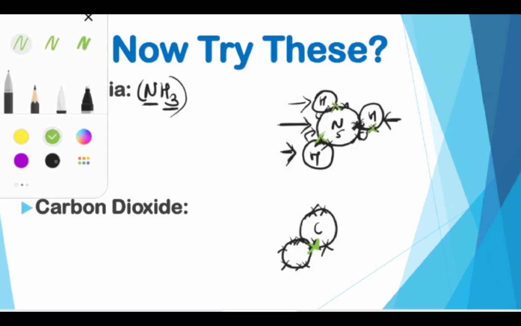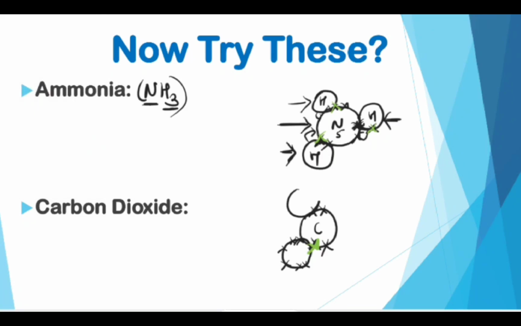The other oxygen has 1, 2, 3, 4, 5, 6, and here it will take 1 from carbon as well.